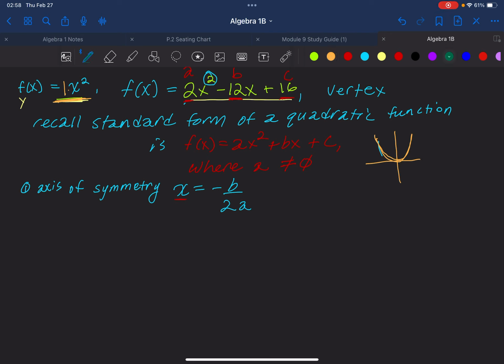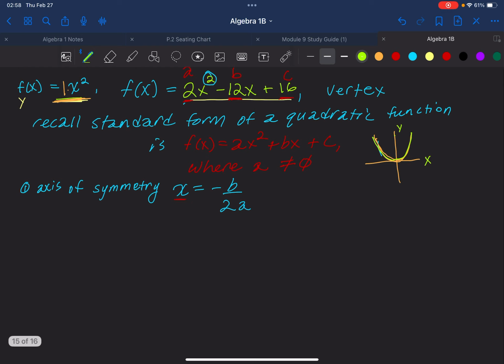Notice my graph is crossing the y-axis, okay? The green is my graph. These lines going across from left to right is my x-axis, going from top to bottom, or north to south if you want, it's my y-axis. So because this graph is crossing the y-axis, it's in relation to x.